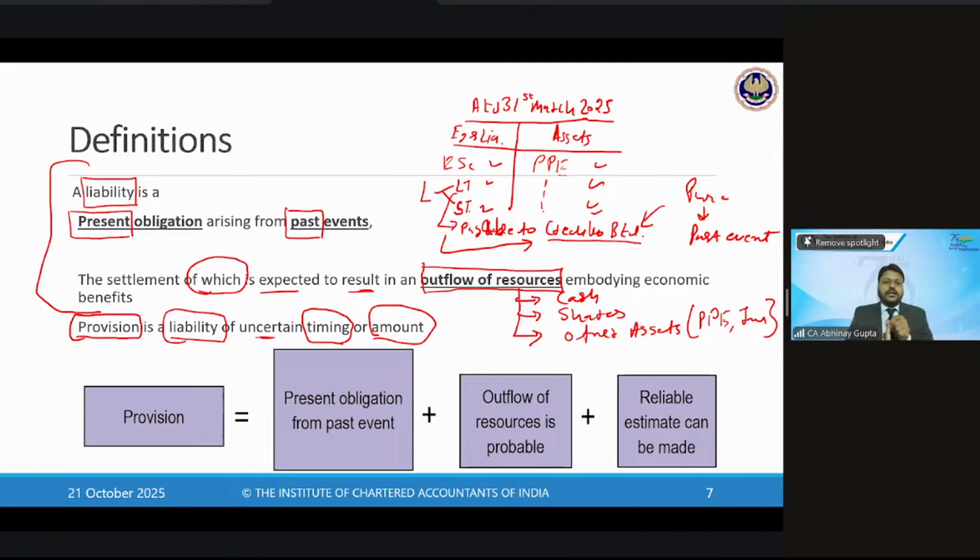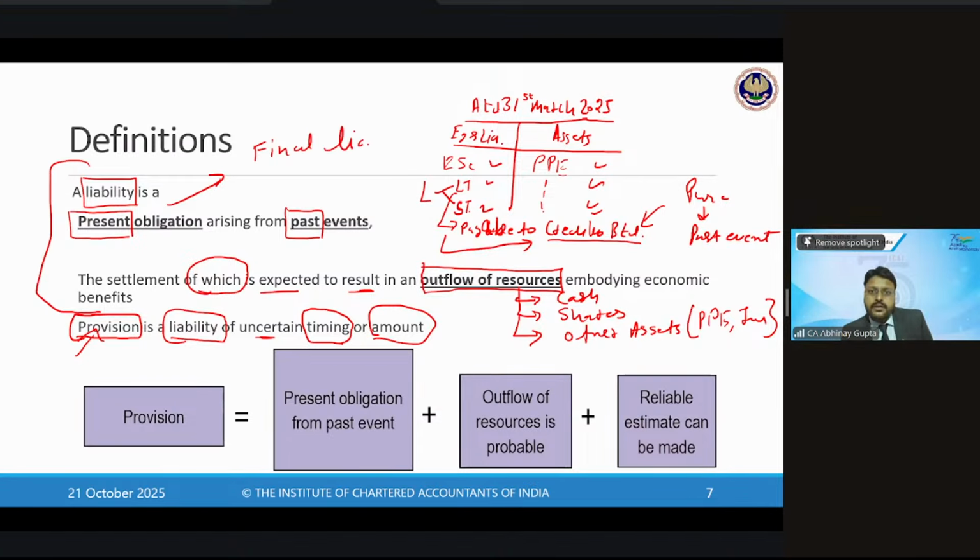So either the doubt is on the amount or on the timing of the liability, which is not crystal clear as in our previous example, then this nature of liability will be regarded as a provision. So provision means a liability which is provisional and not final. The word provisional gives you the term provision. Is that clear?